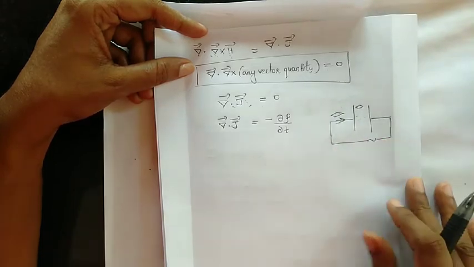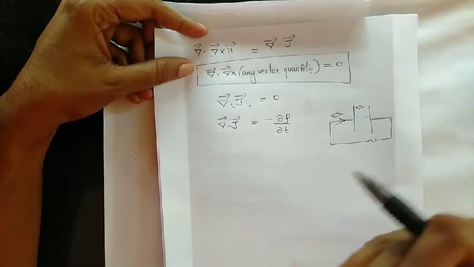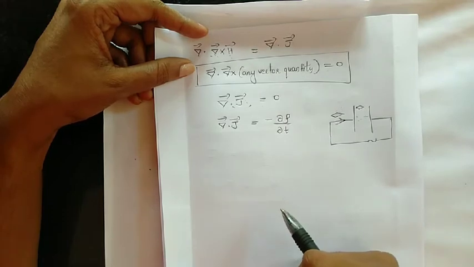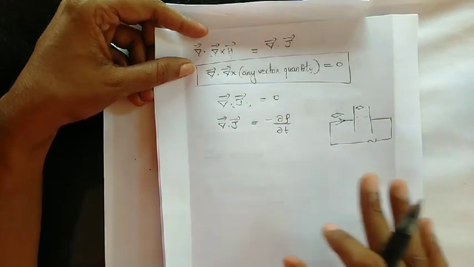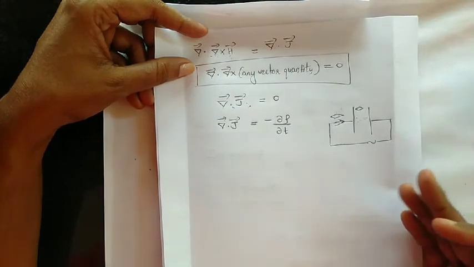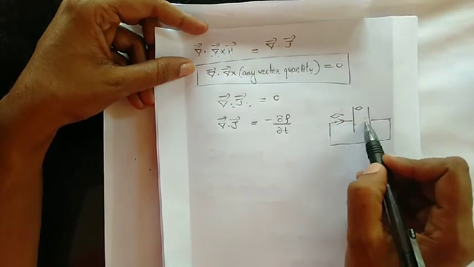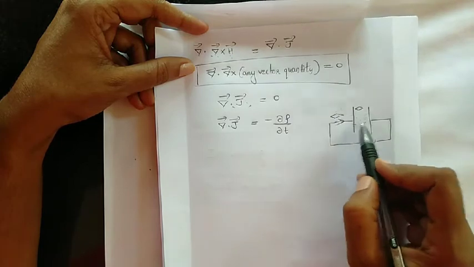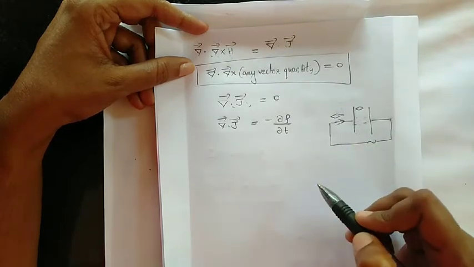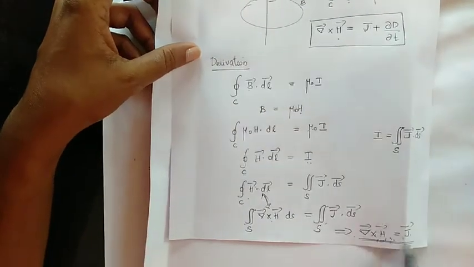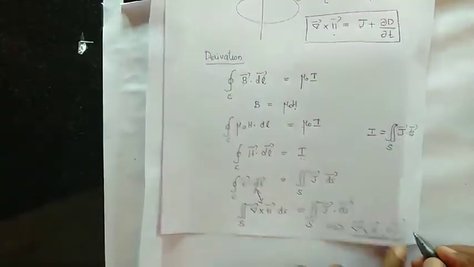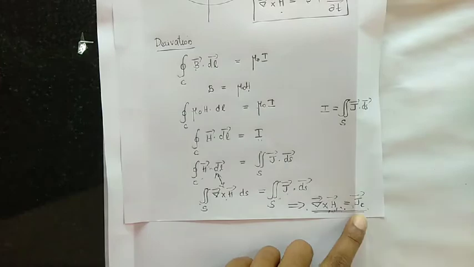So he stated that anything which can produce a magnetic field is known as a current. It may not be the conduction current itself, it can be another type of current known as displacement current. Such a time varying electric field is known as displacement current. So he modified the equation del cross H is equal to J, as this was only the conduction current density.